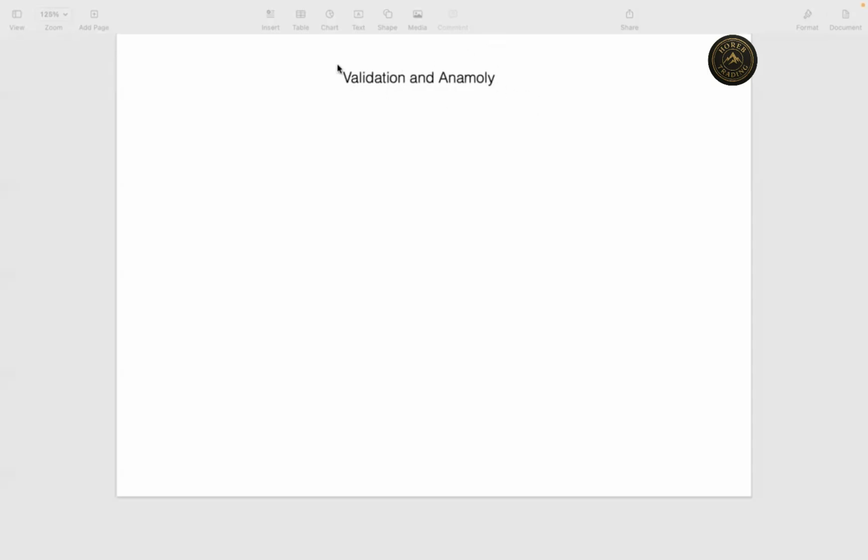Validation and anomaly are very important in CWRV, because they can help you to know the weakness of a trend, the weakness of a bunch of candles, the weakness of one candle. We talk about validation when the move is according to one party.